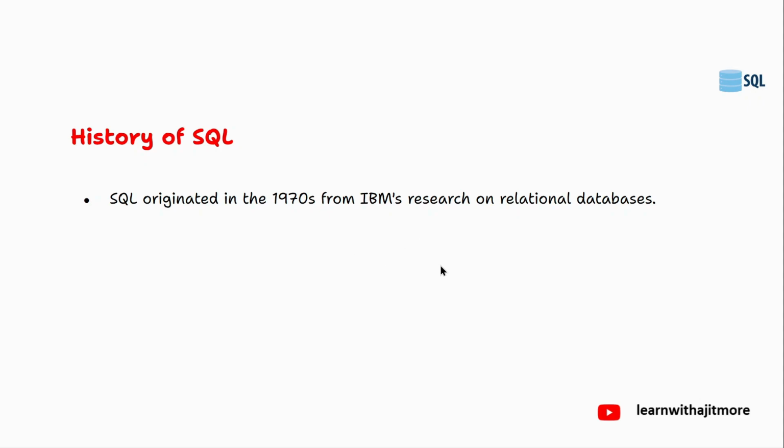Get it? It should be very much like instructing in English. And then they came with one language called Structured English Query Language, SEQUEL. But that SEQUEL trademark problem was there. Therefore, they were supposed to rename it to SQL.